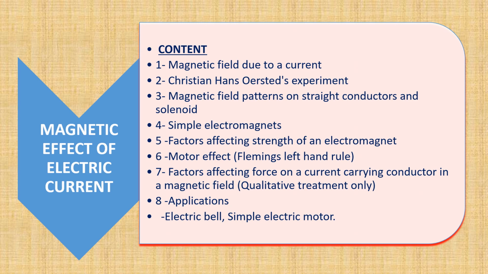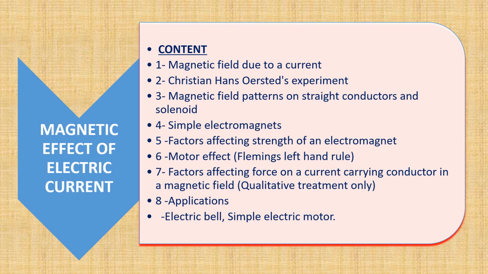In this topic, we are going to look at magnetic fields due to current, Hans Christian Ørsted's experiment, magnetic field patterns on a straight conductor and on the solenoid, simple electromagnets, factors affecting the strength of an electromagnet, motor effects, factors affecting force on a current carrying conductor, and applications such as the electric bell, simple electric motor, and speakers.